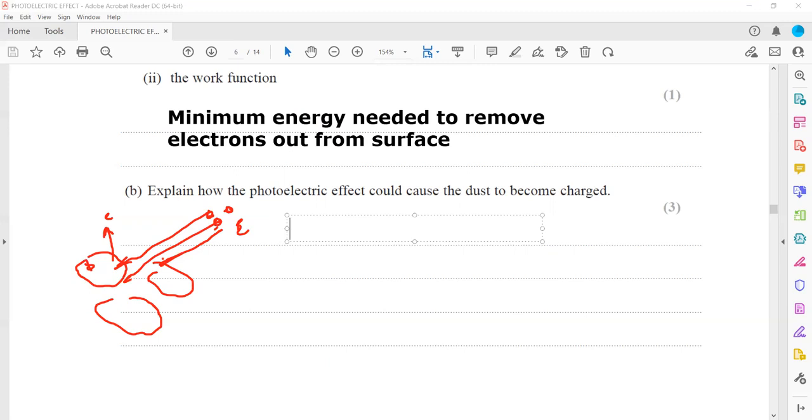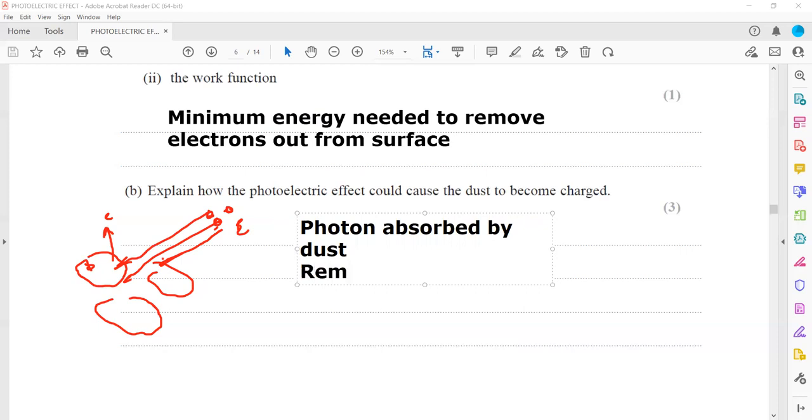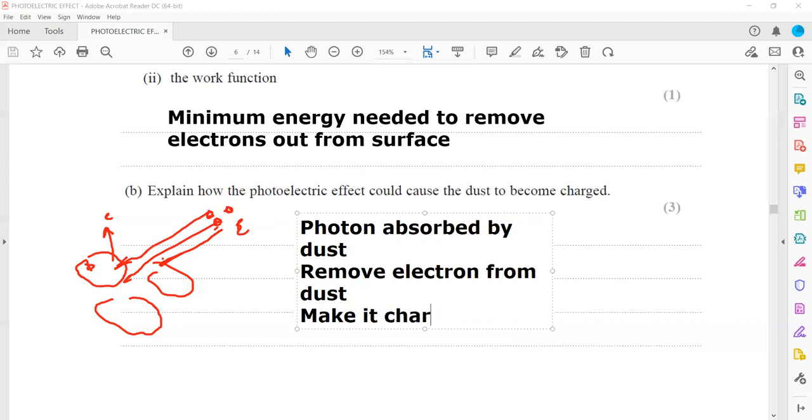So a photon which is absorbed by the metal surface or the dust surface removes the electron from the dust and makes it charged, because the electrons are removed.